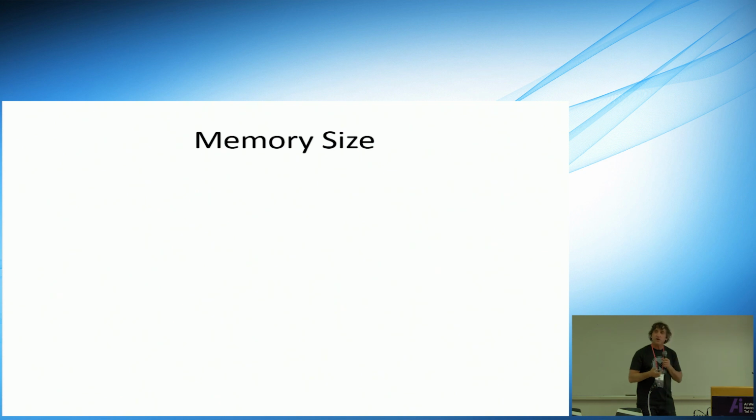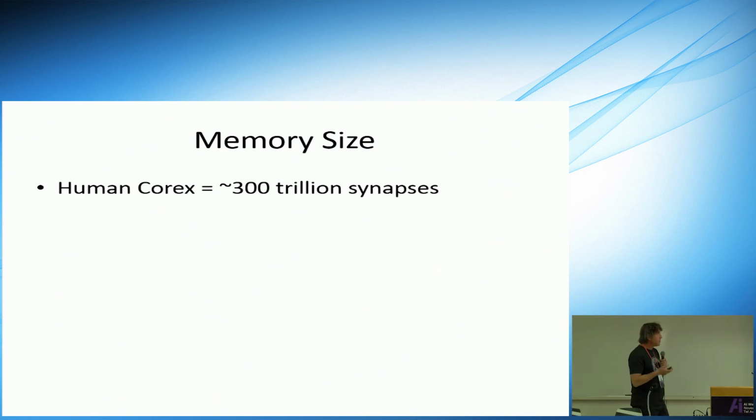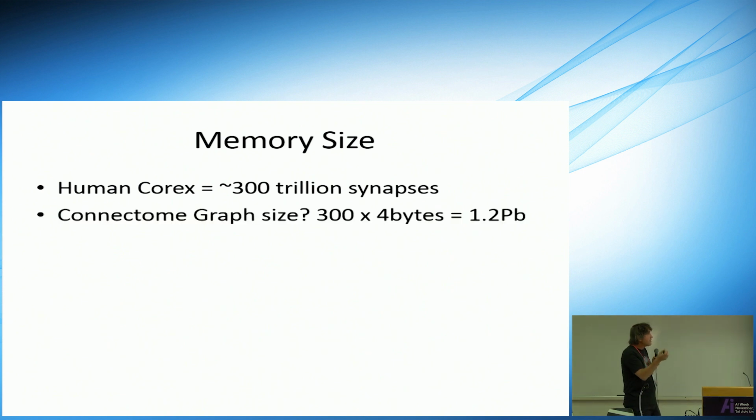And now, let's talk about memory size. If you think about our brain, about 300 trillion synapses. So if I want to represent these synapses as a graph, then this graph should be about a petabyte of memory. A simple representation of this graph is about a petabyte of memory.